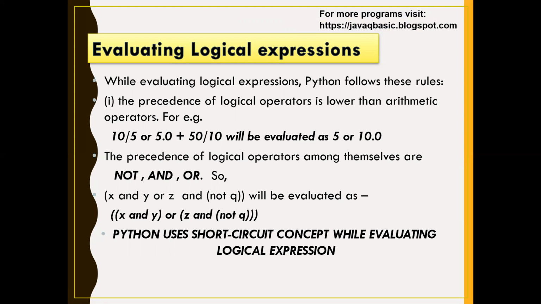So here you can see x and y or z and not q will be evaluated as x and y, or z and not q. First not q will be evaluated, then it will be combined with z using and, and x and y will be calculated separately, and they will be compared with the or. Python uses the short circuit concept while evaluating logical expressions.